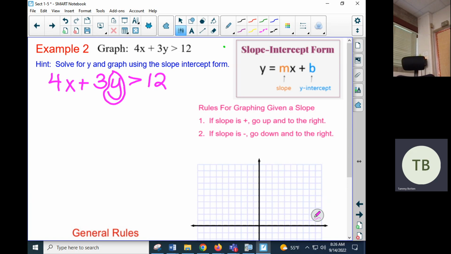Okay, so what I want to do is take this term and move it to that side. Do you guys get right? Positive 4x, so how do you think I'd move that whole term over? Subtract 4x.